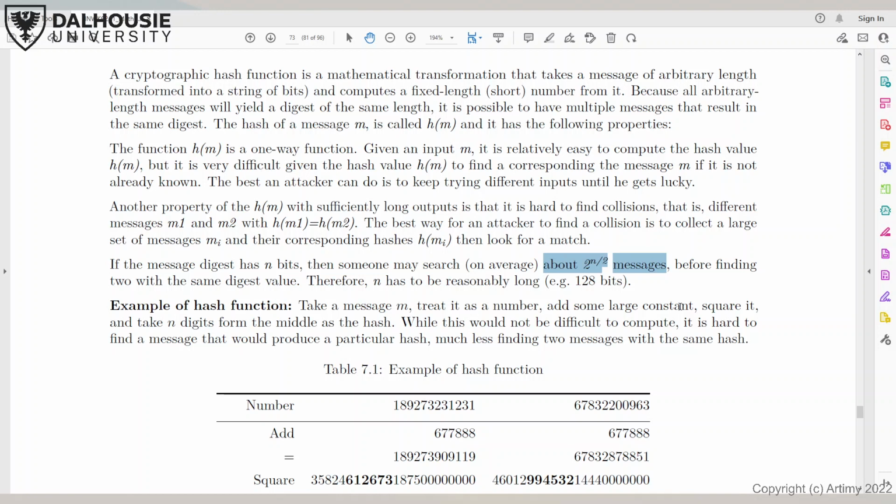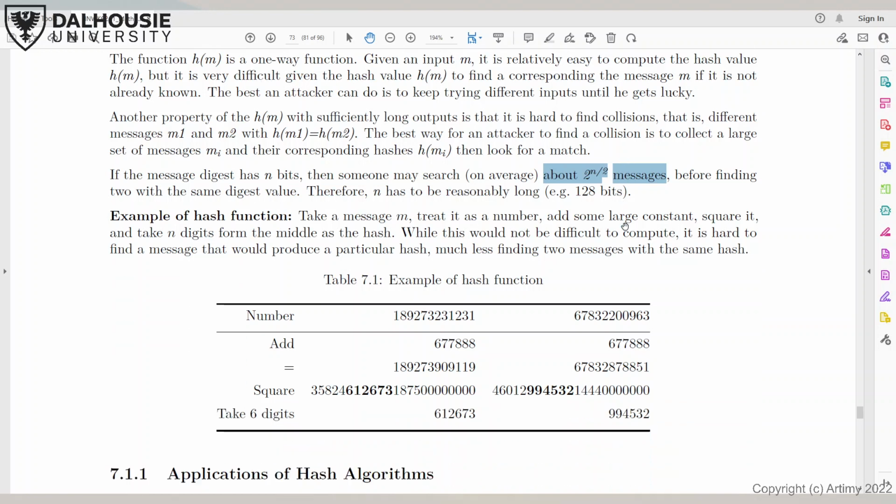But if my hash is 64-bit, then it will take about 2 to the power of 32 different attempts on average to find two messages that have the same hash. So obviously, the larger the n, the better the chances of having no collision.